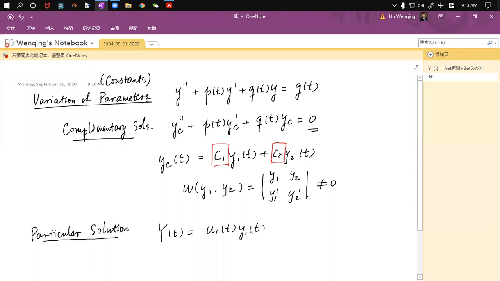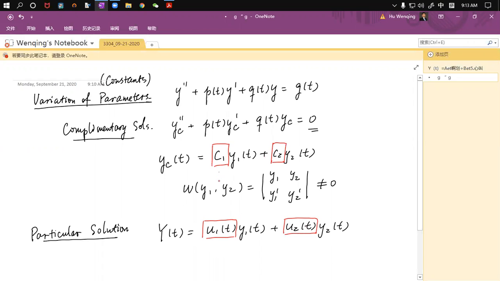That means u1(t) y1(t) + u2(t) y2(t). That's what we call variation of parameters. It varies those constants into functions of t. You vary the constants into functions of t. That's the essence of variation of parameters.